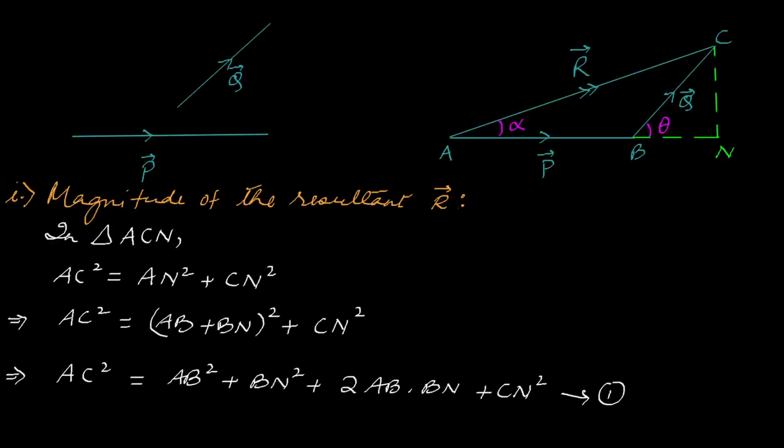Vector quantities always have magnitude and direction. We have found the magnitude. Let us now find the direction. Now how do we find the direction? It is not like east, west, south or something like that.